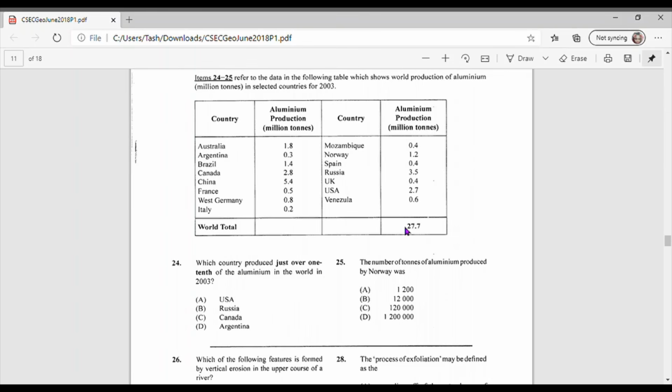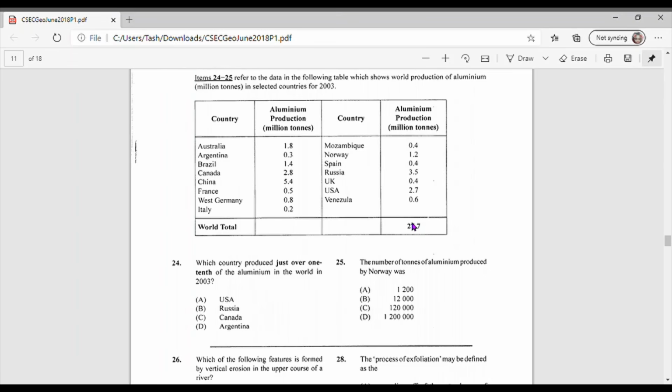So this is the world total, 27.7. So we're looking for the country that produced just over 1/10. So 1/10 of that would have been 2.7. So the answer can't be a country with 2.7.